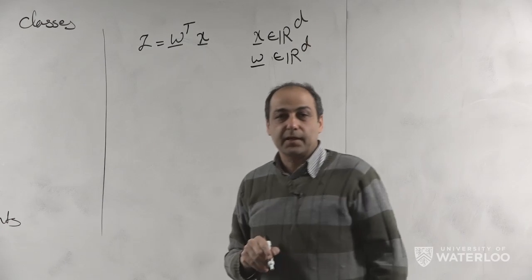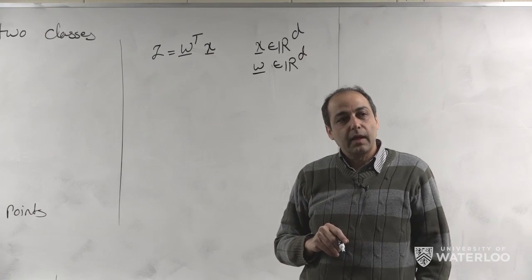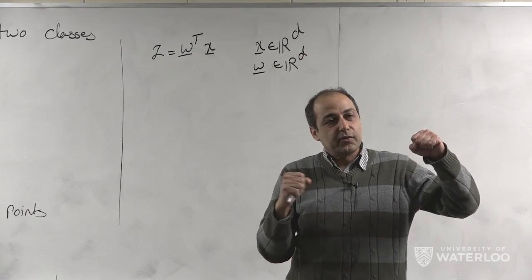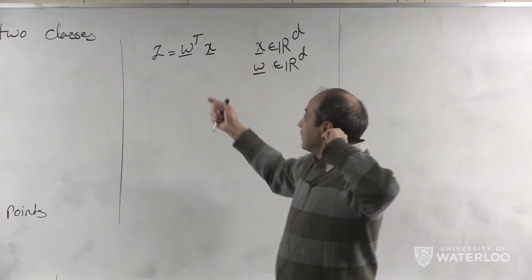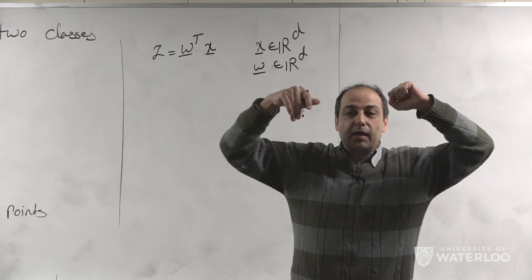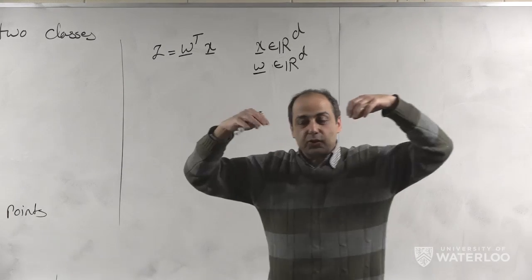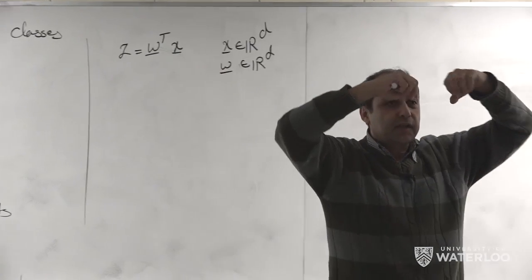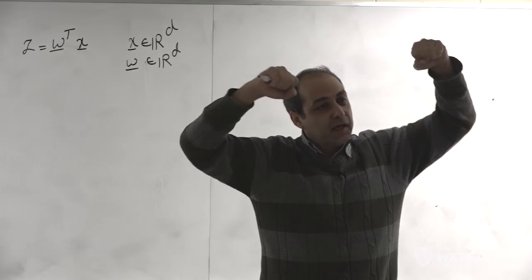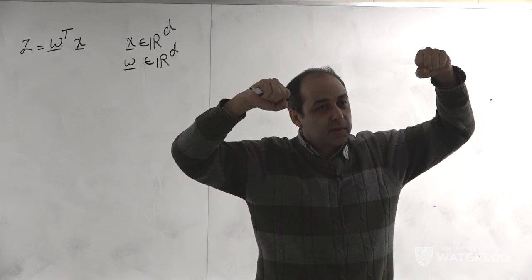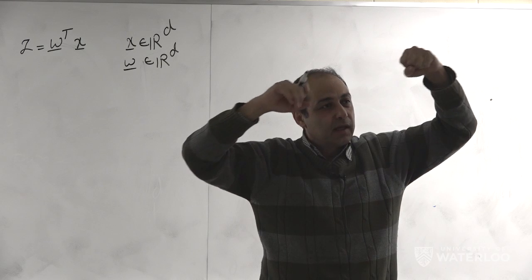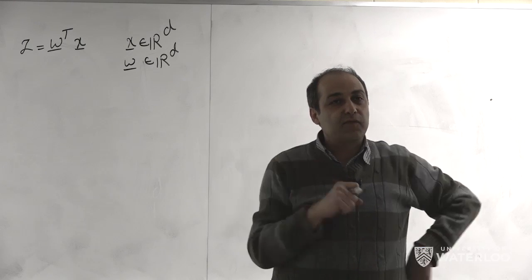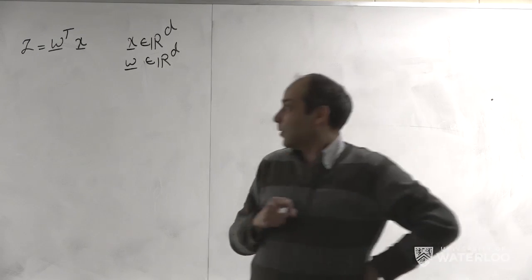But Z is a scalar. Then I want to use Z for classification. Okay? But this projection should be a projection which separates these 2 classes as much as possible. Means that it collapses all points in one class and then takes these 2 classes as far apart as possible.